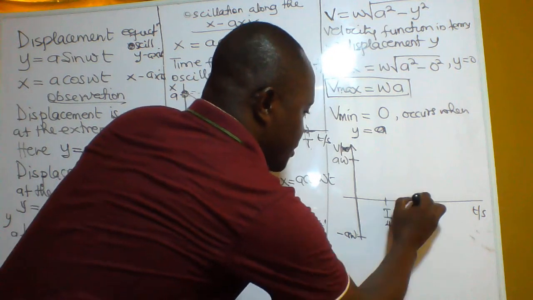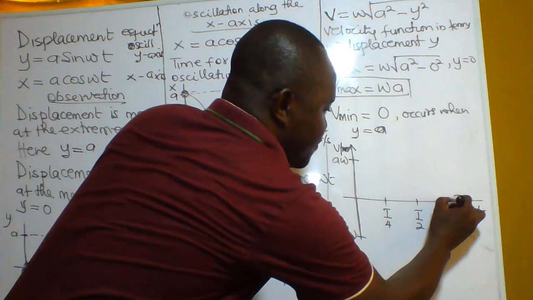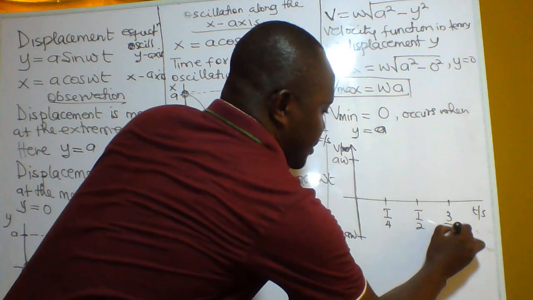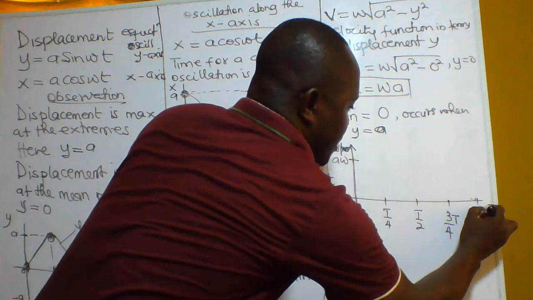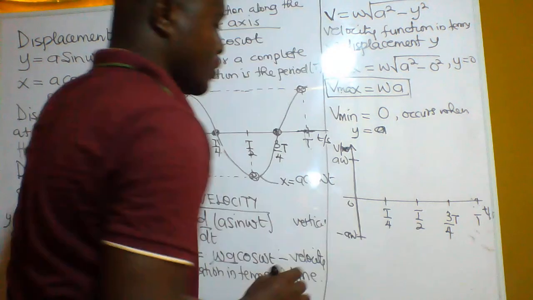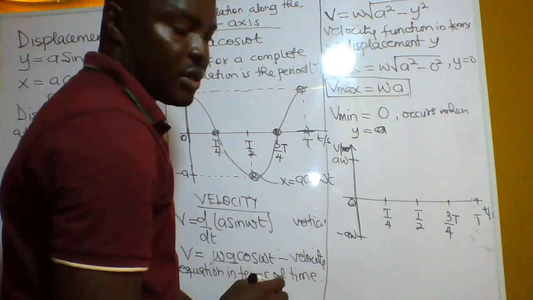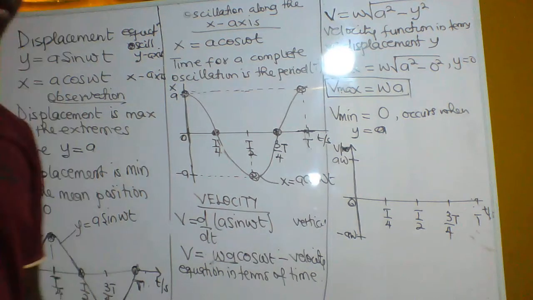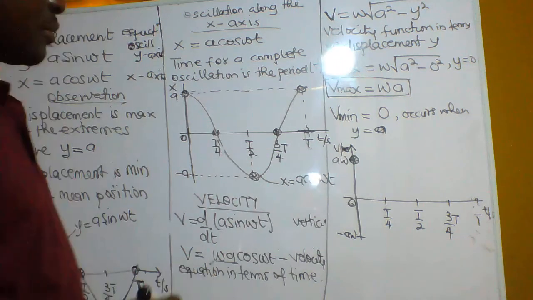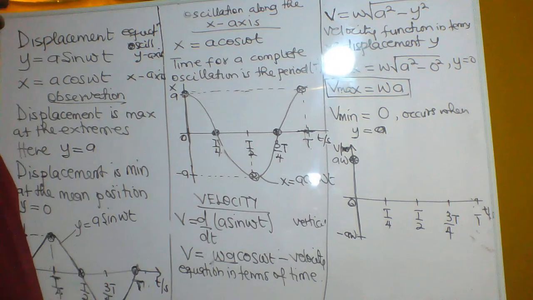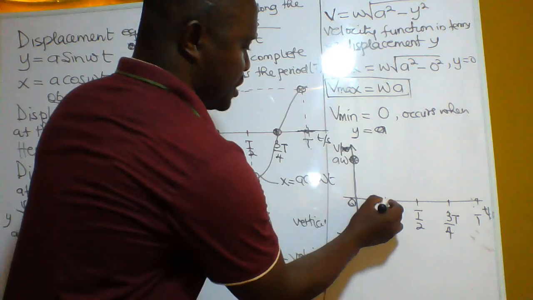T on 4, T on half, 3/4, and T. So when t is equal to 0, the velocity is maximum. When t is equal to a quarter of the period, the velocity is 0.